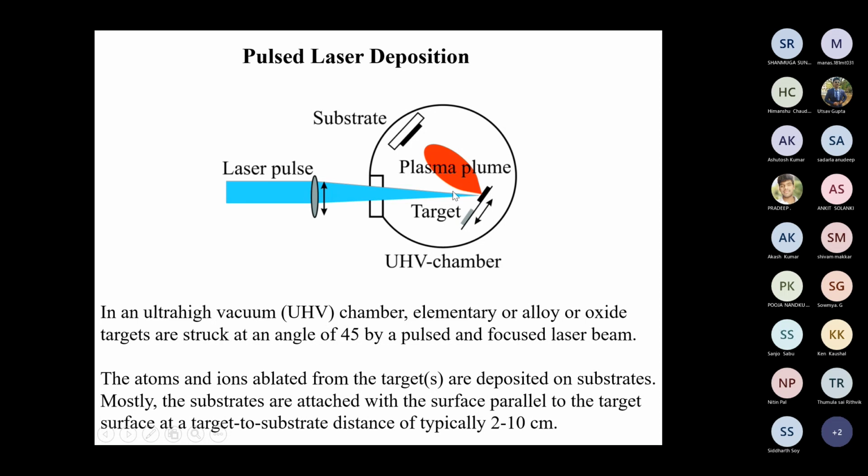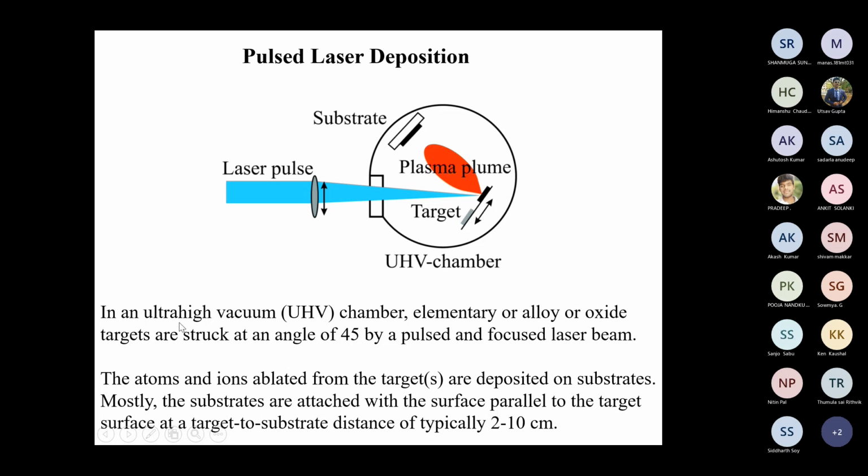Through this plasma, the atoms that come here will be kind of sputtered, or superheated, we can say the temperature will be very high, and those atoms will deposit on the substrate.